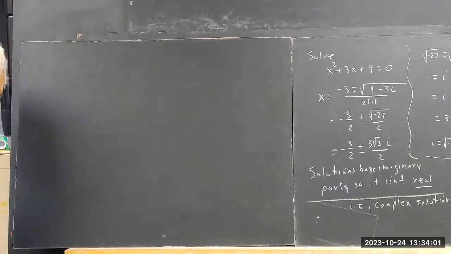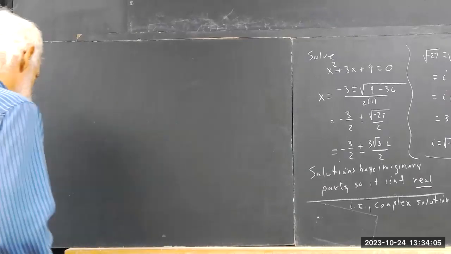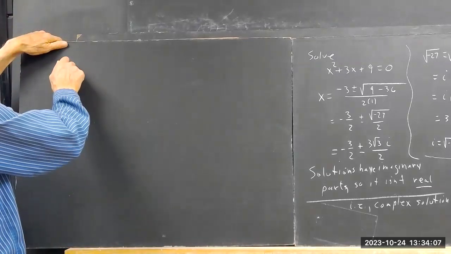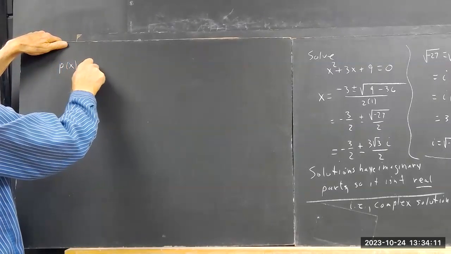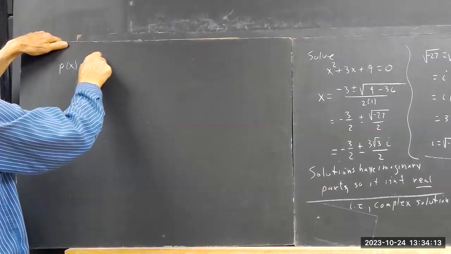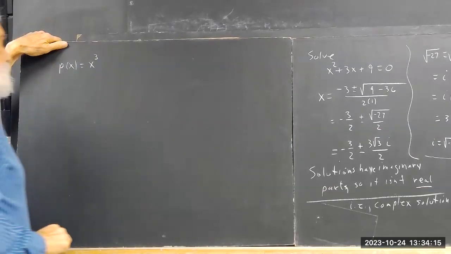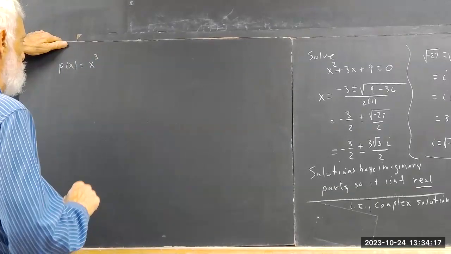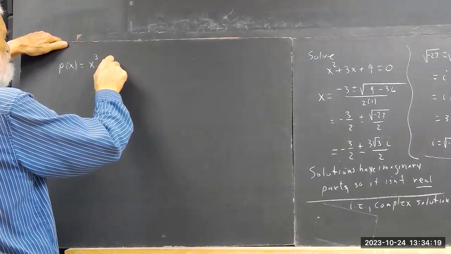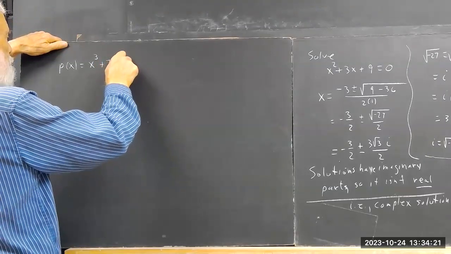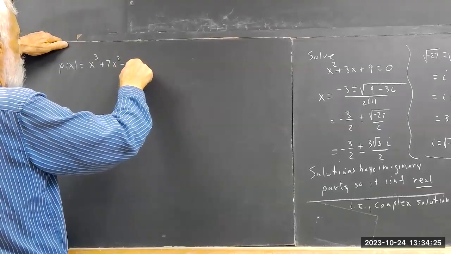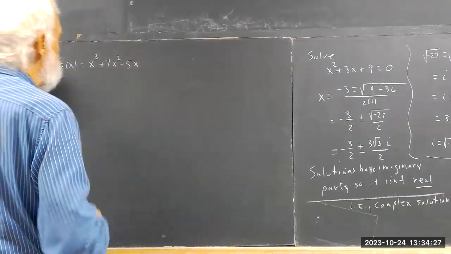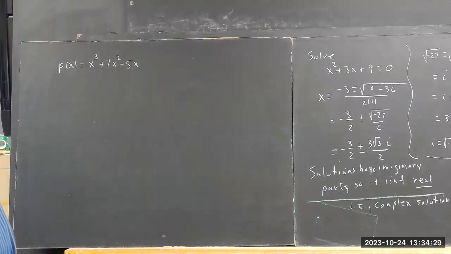And let's take the expression for the function. Take p of x equals x cubed plus 7x squared minus 5x. And then let me do a little figuring.